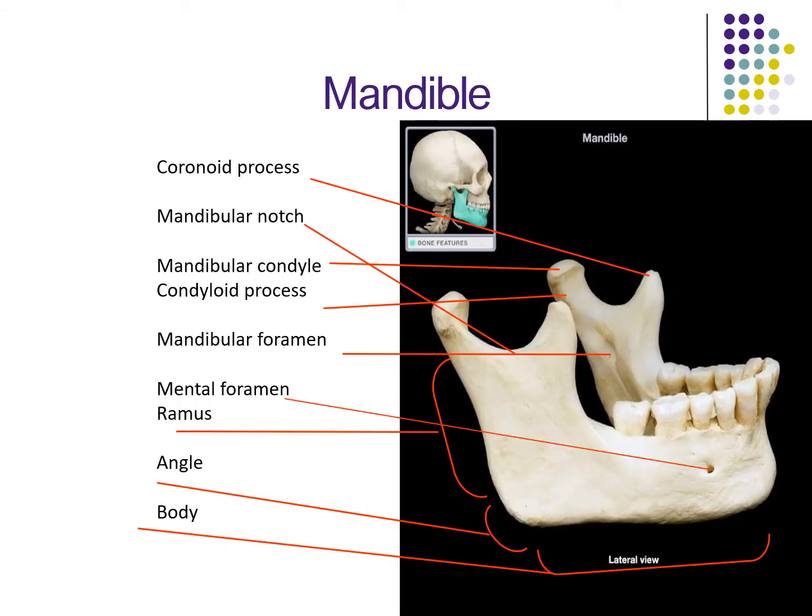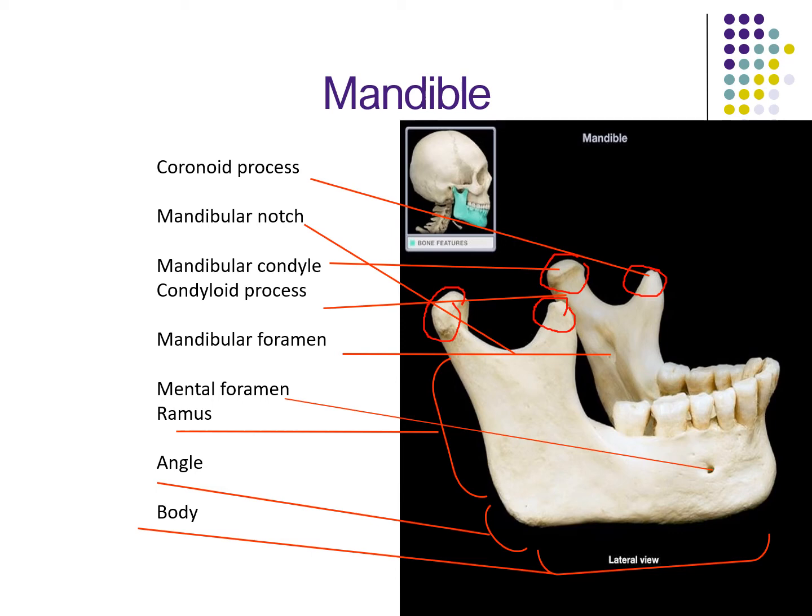The mandible is the lower portion of your jaw. You want to look at the mandibular condyles, and then you have the coronoid process, which is right here.